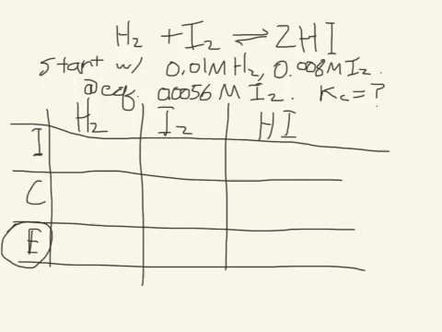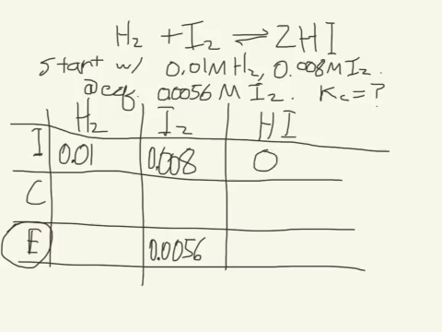And it's given that the equilibrium concentration of I2 is 0.0056, so we can go ahead and put that in there. And it's given that the initial concentration of hydrogen is 0.01, and the initial concentration of iodine is 0.008. And we're assuming we start with 0 HI.